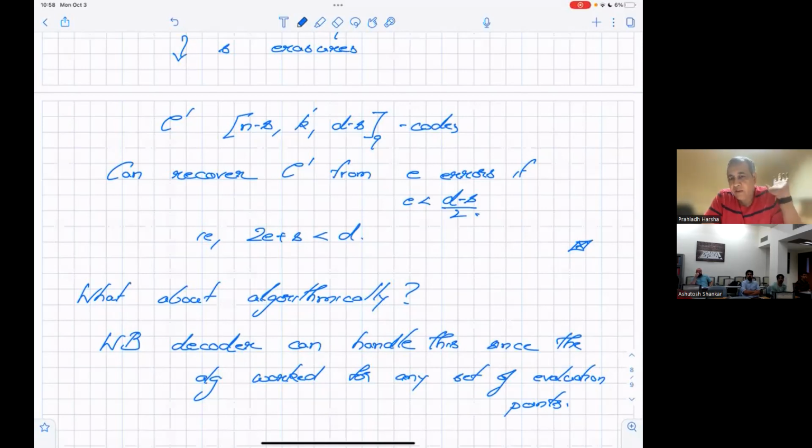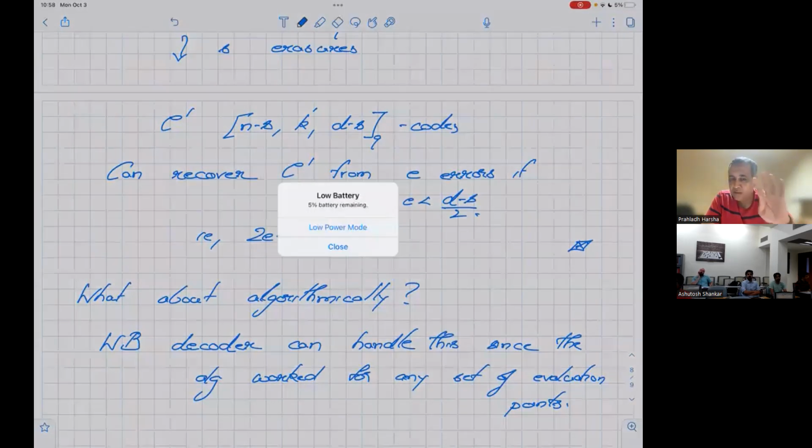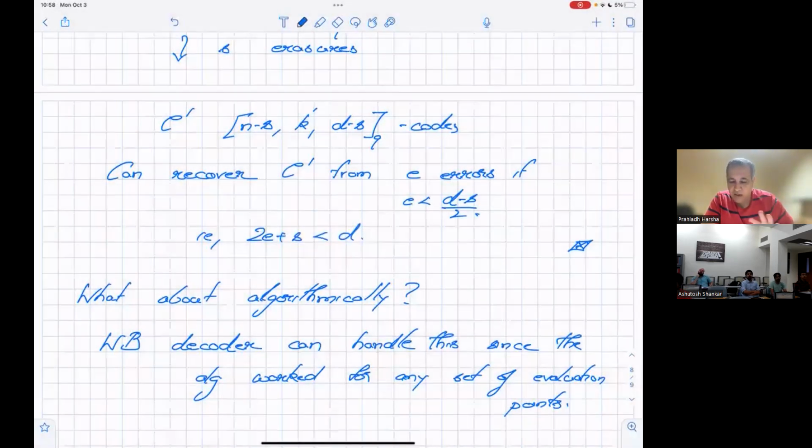This is not a setting from which I can promise to recover at all. Yes, so let's say 3 capital D by 4 blocks, and on each block there are small d by 2 plus 1 errors. Then the outer decoder only sees that there are more than capital D by 2 errors, and it does not know. Yeah, so we have to handle it, it's a very valid case. Question is, how do I handle that?